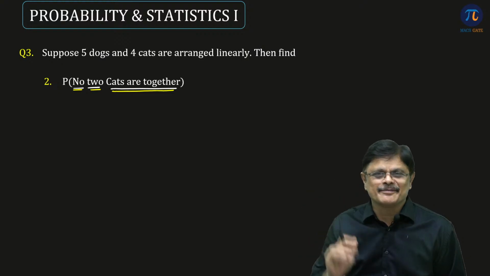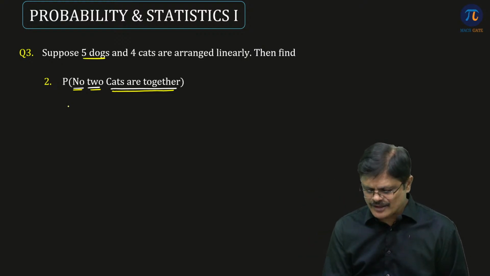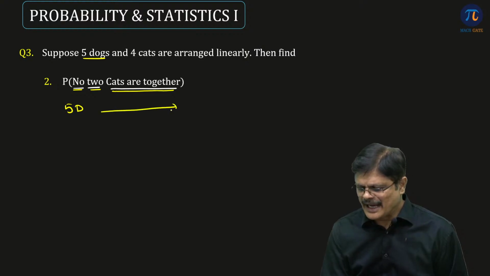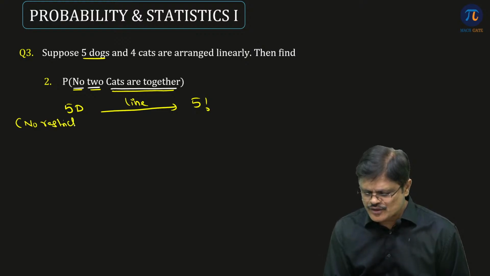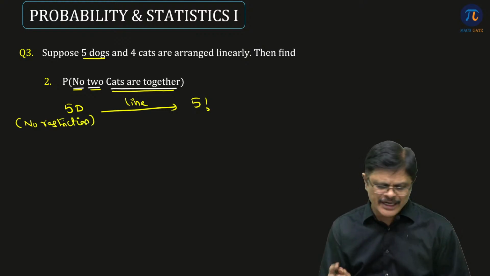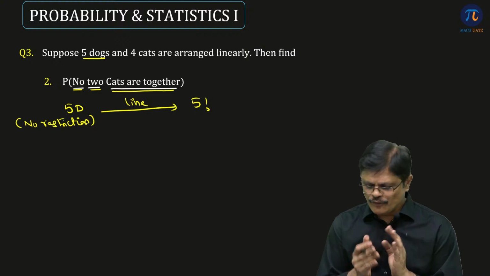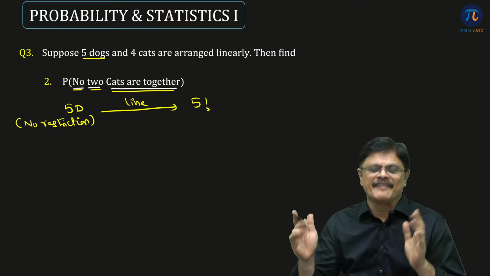So first arrange them. We are having five dogs. Five dogs can be arranged in a line in how many ways? Five factorial. Why are we arranging dogs first? Because there is no restriction on them. So first arrange the category which does not have any restriction. So five dogs can be arranged in a line in 5! ways.